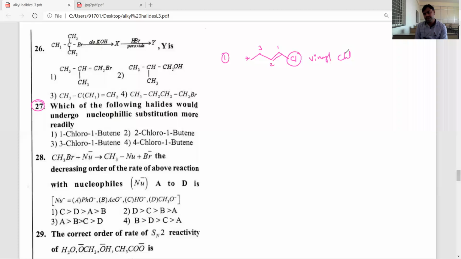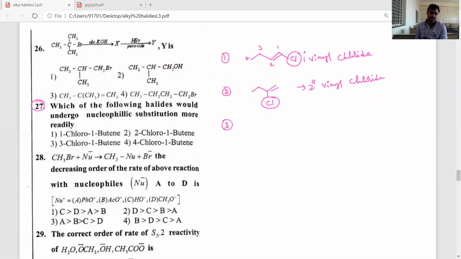This is a vinyl halide, vinyl chloride. Vinyl chloride is less reactive, and aryl halides are also less reactive. Among alkyl halides, tertiary is more reactive than secondary and then primary. Compared to alkyl halides, allyl and benzyl halides are more reactive. The second one is 2-chlorobutene. Here chlorine is present on a vinyl carbon, a secondary vinyl chloride, so it is also very less reactive.